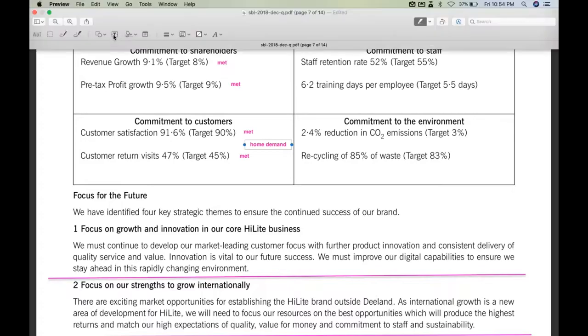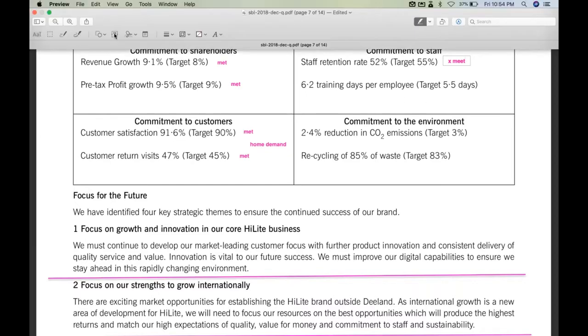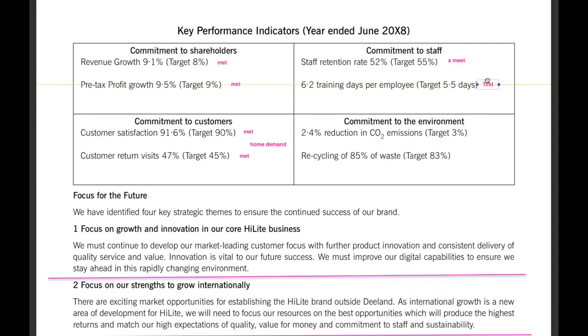So what happened here? Here, commitment to staff did not meet the target, especially in terms of retention rate. But when it comes to training, yes, met.